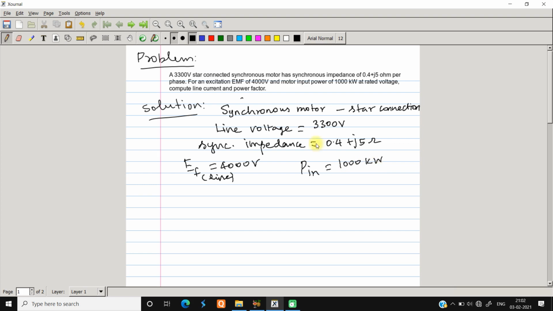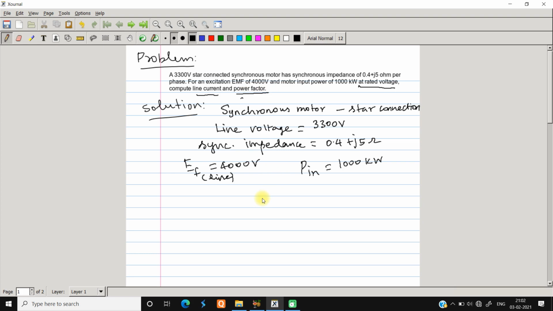So we need to find out, at rated voltage, what is the value of the line current and the power factor. In order to find the line current and the power factor, we need to find out the value of IA at first.